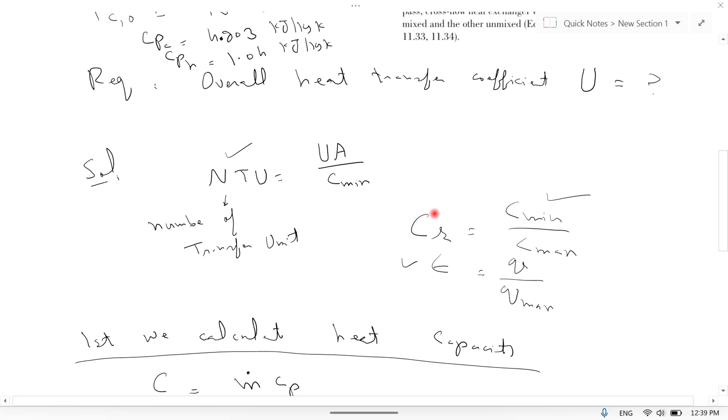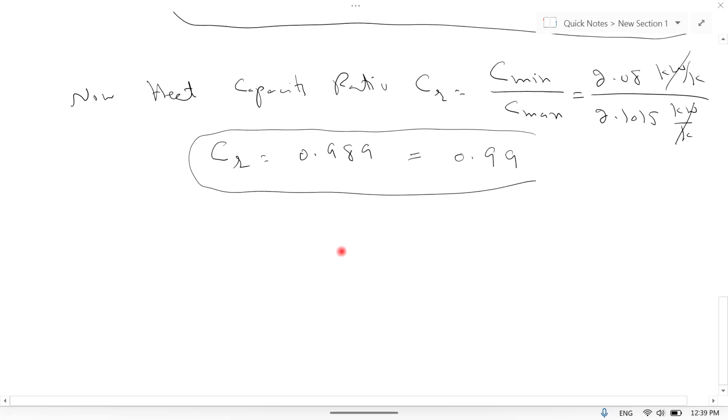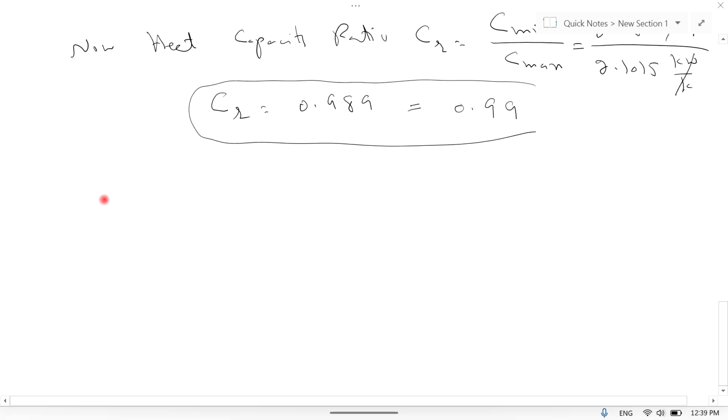Now this value is known to us, CR. We calculate CR. Now we calculate effectiveness. So for effectiveness, first we find Q and then we find Q maximum. So for now we calculate Q. Q is the heat transfer, equal to Cc, the heat capacity, into the temperature of cold water outlet minus the temperature of cold water inlet.